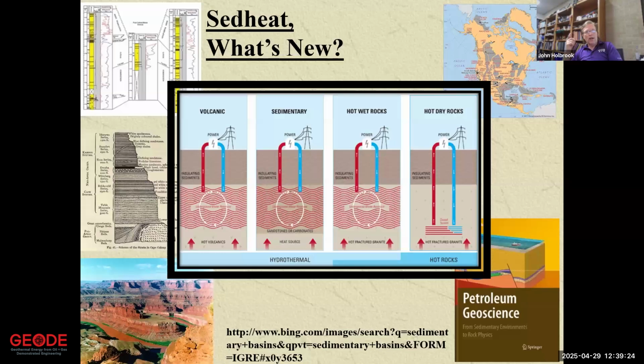And of course, we're now pumping through sedimentary reservoirs, which have native porosity and permeability, unlike hot dry rocks, where we're generally in basement material, where we generally have to generate the permeability.